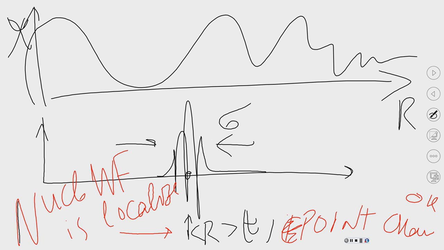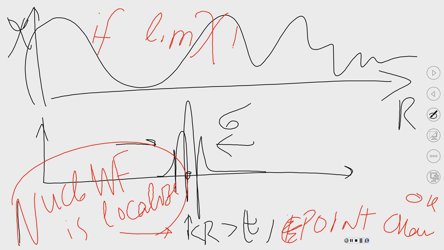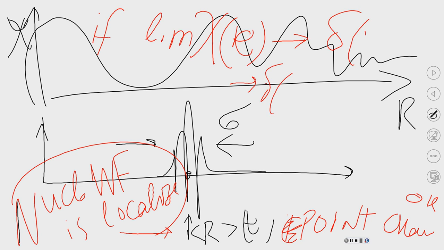And London told that instead of this clause, if the limit of the nuclear wave function of R goes to a delta function of R minus the average position of R, then the concept of point charges is justified.